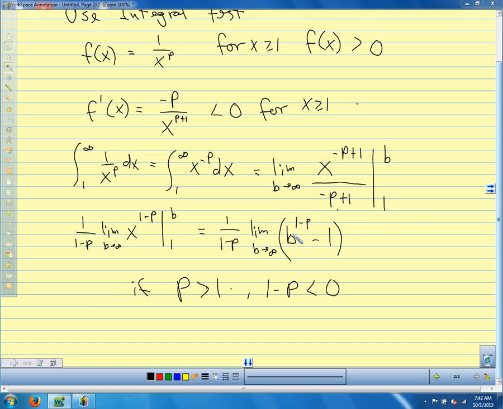So if my exponent is negative, the limit as b approaches infinity of this quantity is going to converge, correct? What's the limit of b raised to a negative exponent as b approaches infinity? 0.